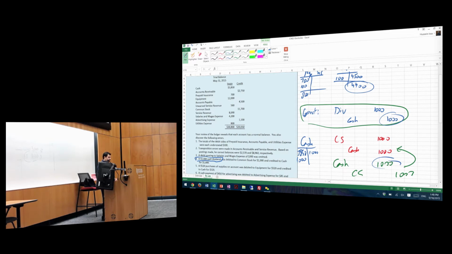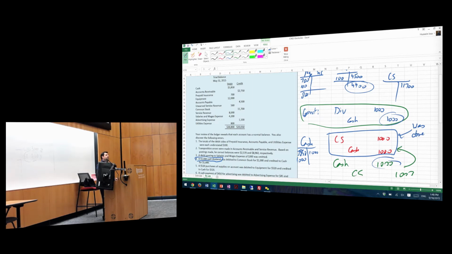Let's look at common stock. Common stock had a balance of 11,700. The credit balance of 11,700. What did we do to correct the mistake? Remember, this one was already done.